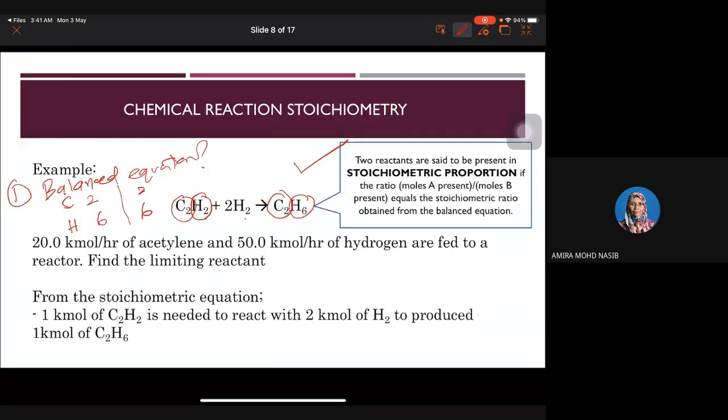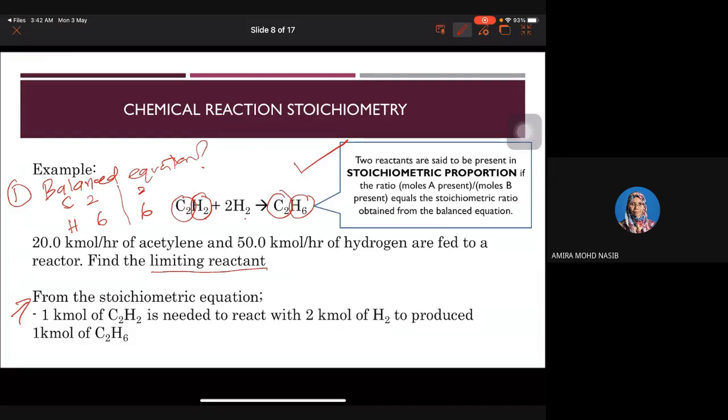Find the limiting reactant. This is another exercise where I want you to really know how to read the equation.